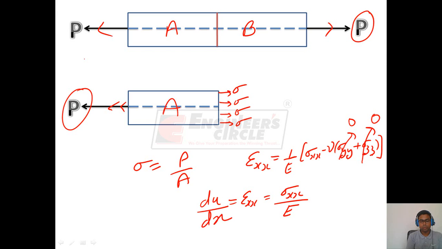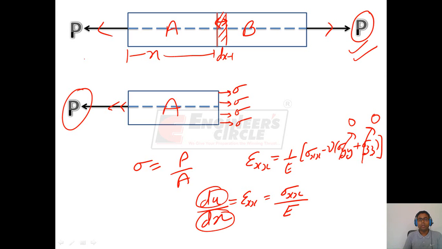That is, if we choose a differential element of length dx at any distance x, then the original length of differential element is dx, and after the application of load P, the length of this differential element AB changes by an amount du.